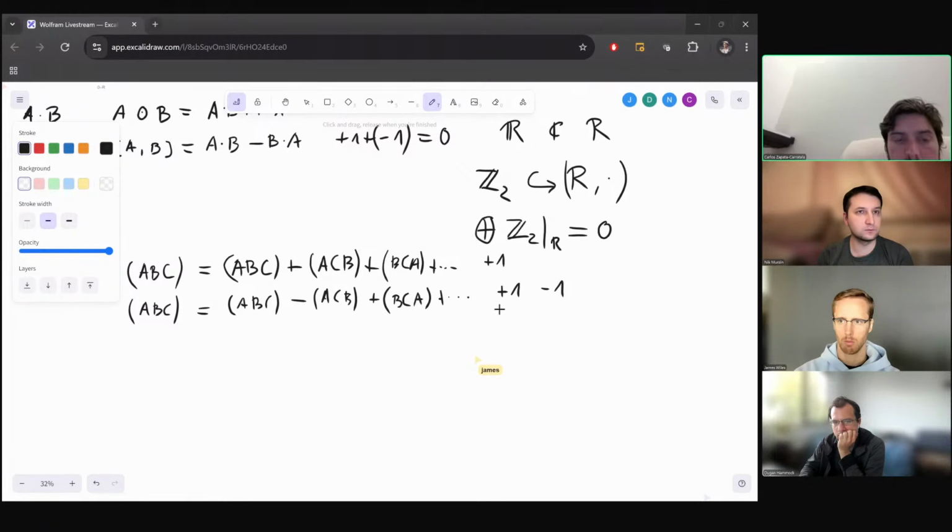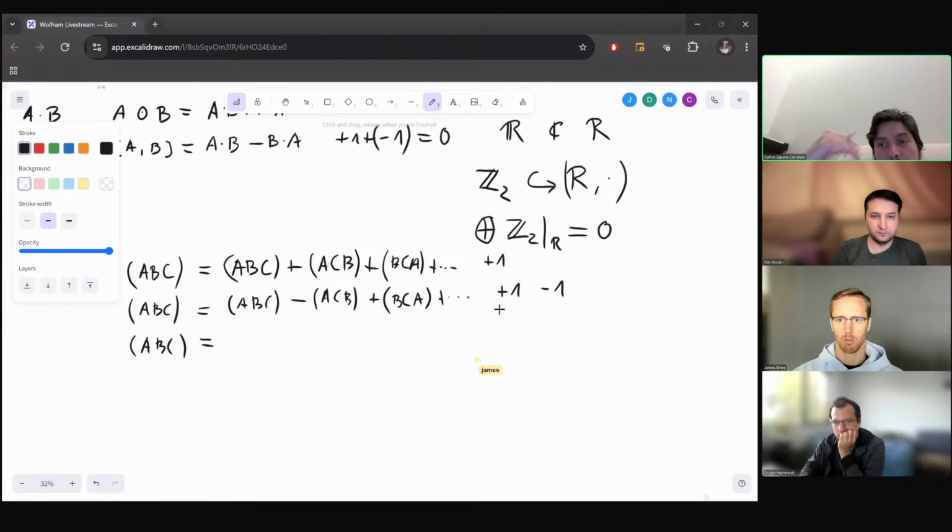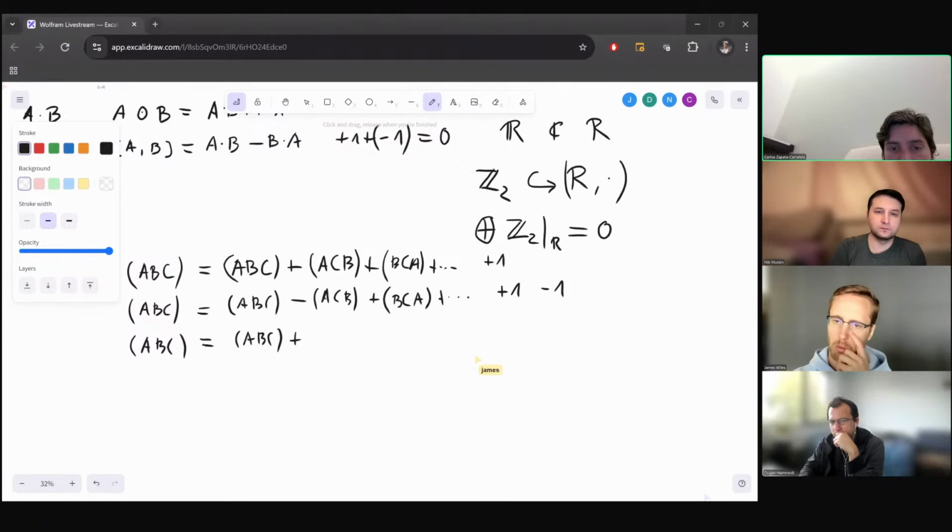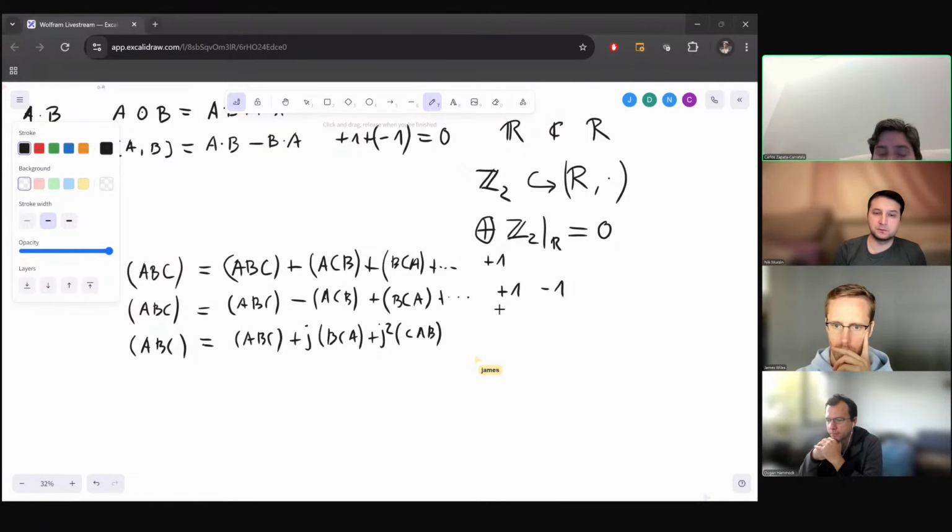So you can, for example, try to quote unquote anti-symmetrize, which I like to call skew symmetrize, so that it doesn't imply that there is an opposite or minus one kind of idea, by weighting your terms here with a cubic root of unity. So this is CAB. J here is a cubic root of unity.